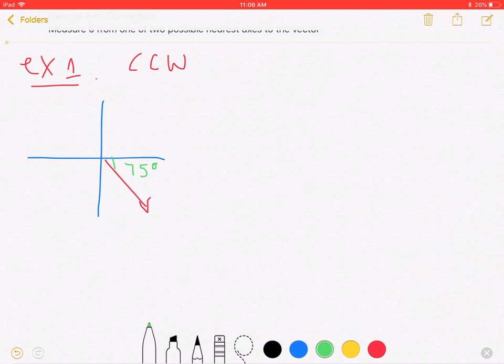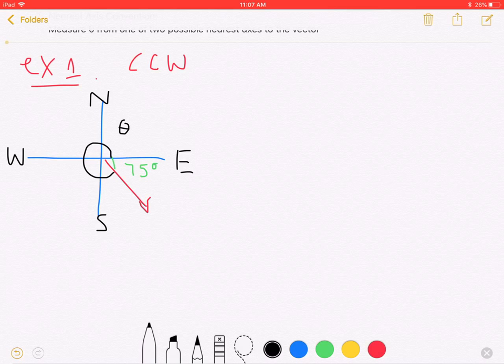In the counterclockwise convention, we want theta, the angle between our positive x-axis, which is east, and our vector. So the theta we want to measure, we're going to start at positive x and move all the way from positive x to our vector. That is theta, the angle we want to measure.